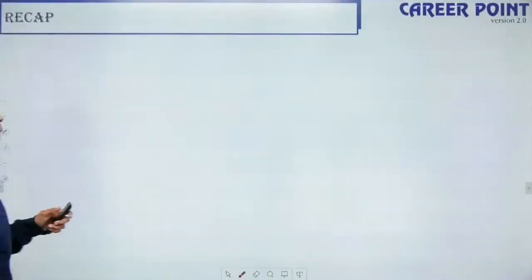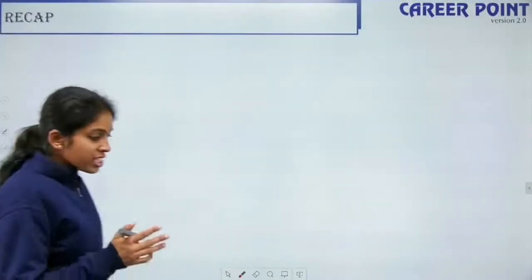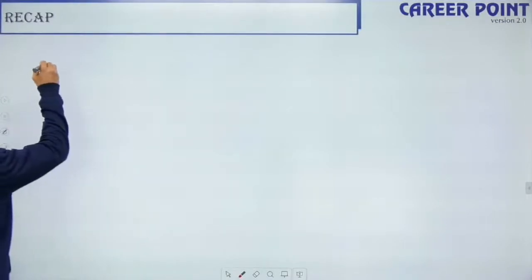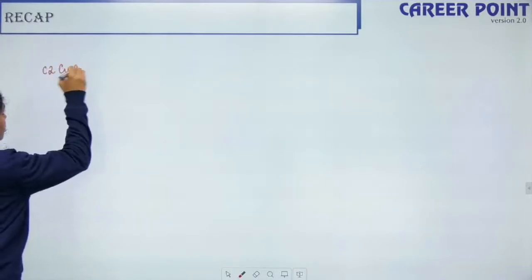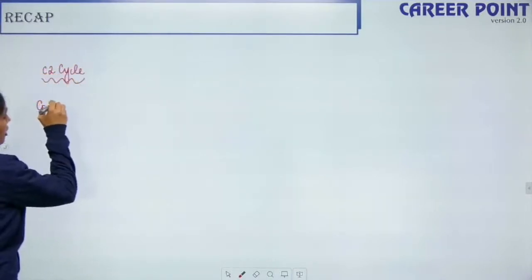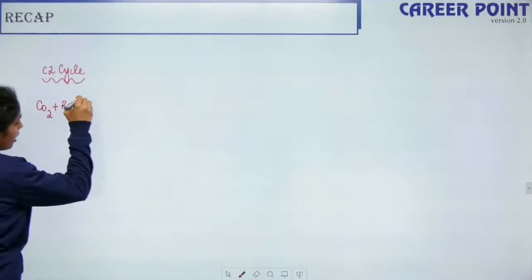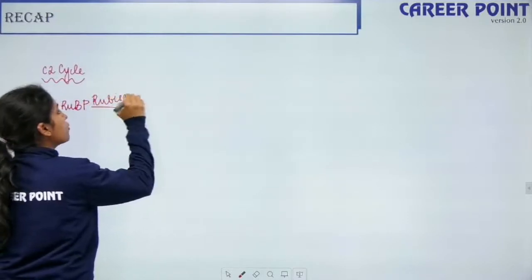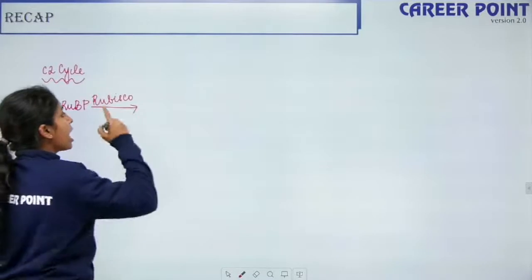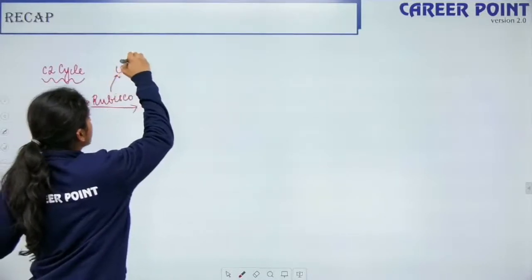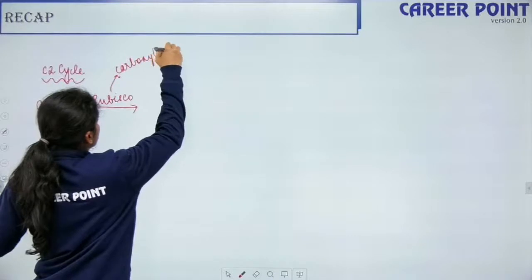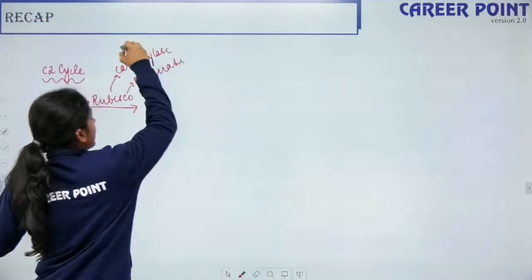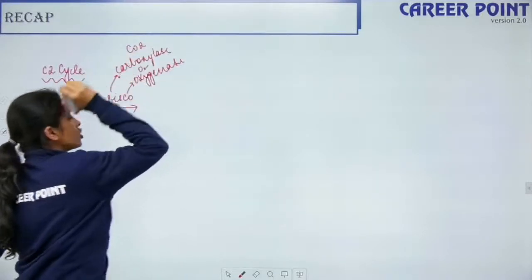Giving you a recap as to how the C2 cycle happens. C2 cycle happens only in your C3 plants, not in your C4 plants. When the carbon dioxide acceptor is RuBP, the enzyme is Rubisco. The full form of Rubisco is ribulose bisphosphate carboxylase and oxygenase, meaning it can bind both to carbon dioxide as well as oxygen.